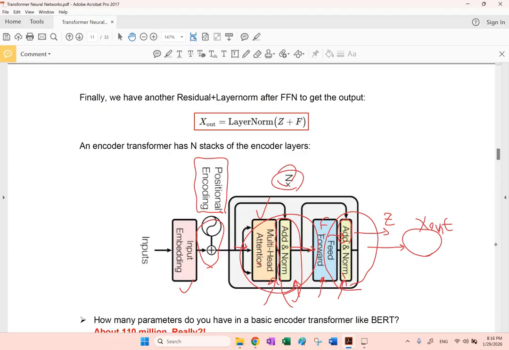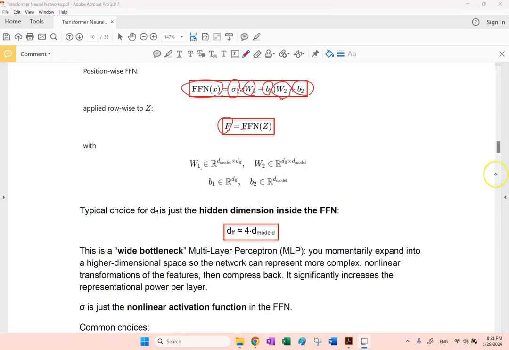Now we know why we do this add and norm. So we don't forget previous things and we keep them from exploding or shrinking. But what is the role of this feed-forward? Why do we need this feed-forward? Looking at the dimension of these weight matrices, W and B, can tell you something.